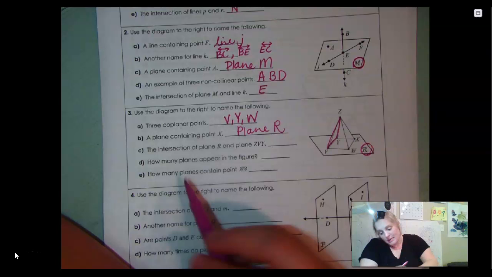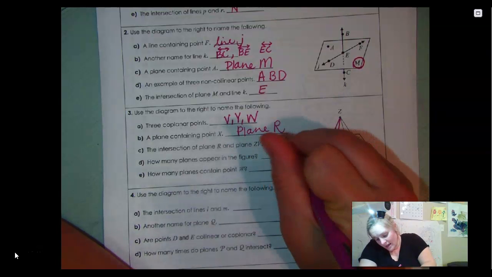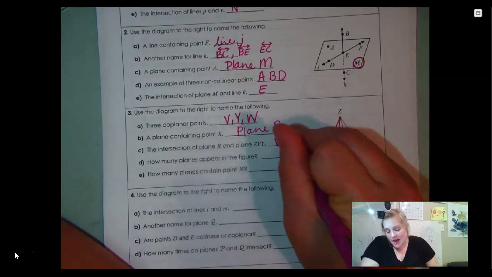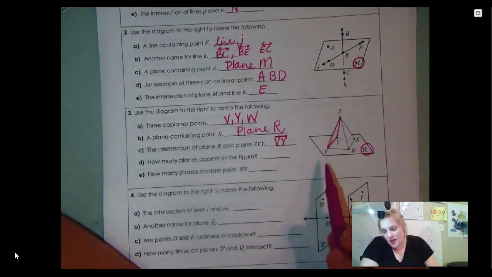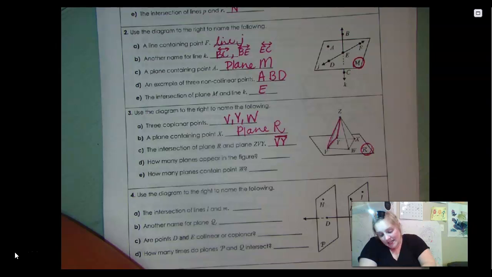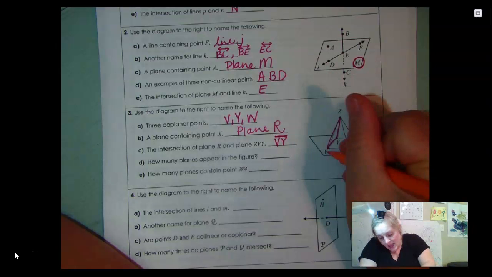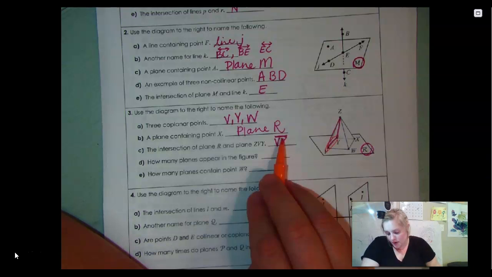That's going to be at the segment VY. Now, we haven't really talked about that, but if it's just a segment, that's not a line because it doesn't continue going on and on and on. But those two things, the plane and that triangle plane, they intersect here at the bottom. And that's a segment, okay? So we would just put the bar over the top.